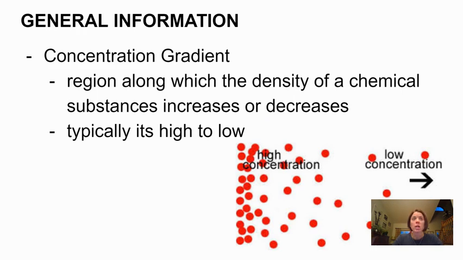So in transport, typically the difference between active and passive has to do with where you are moving in relation to the concentration gradient. And the concentration gradient just says, well, where is the highest density of molecules and where is the lowest density of molecules around things. Think of this concentration gradient. I think the easiest way to think of this is in terms of cooking or a candle.